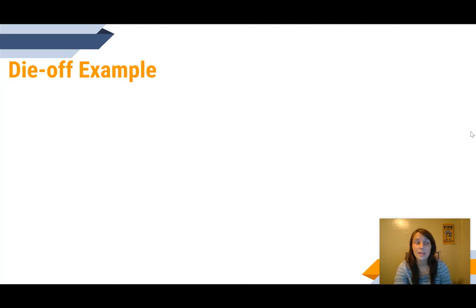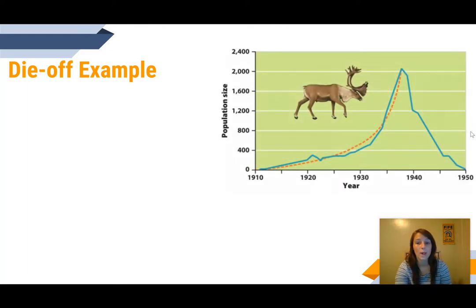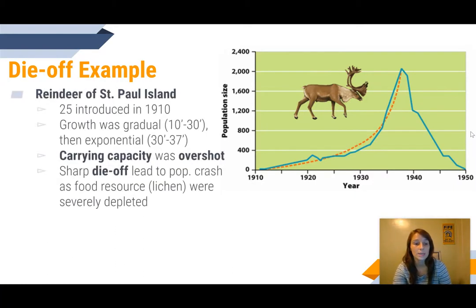Now, die-offs can even be really consequential if you have quite a lot of the resources completely used up. And one of the examples that we can see is with the reindeer population on St. Paul Island. So back in 1910, 25 of these reindeer were reintroduced to this island.